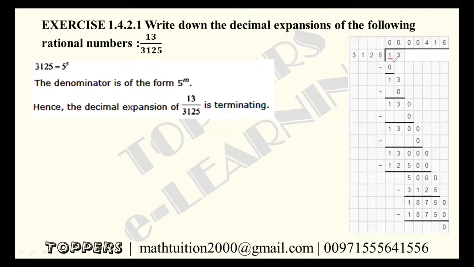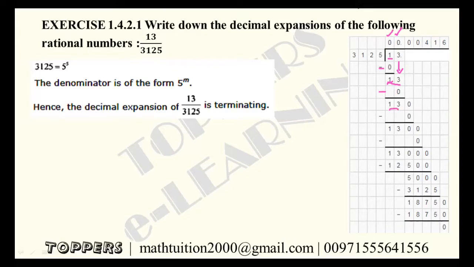Take one digit, 1. How many times? 0 times. 0 multiplied by 3125 gives 0. Subtract 0 from 1, we get 1. Bring the next digit down, so we get 13. 13 is also small, right? How many times? 0 times. 0 multiplied by 3125 is 0. Subtract, so you get 13.